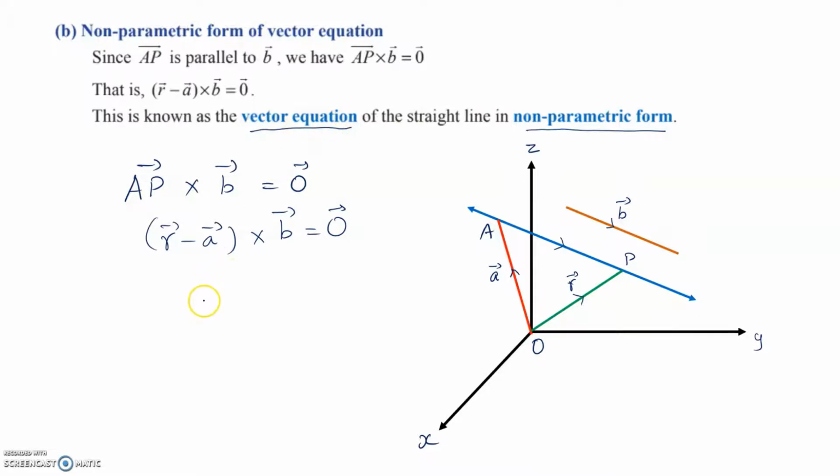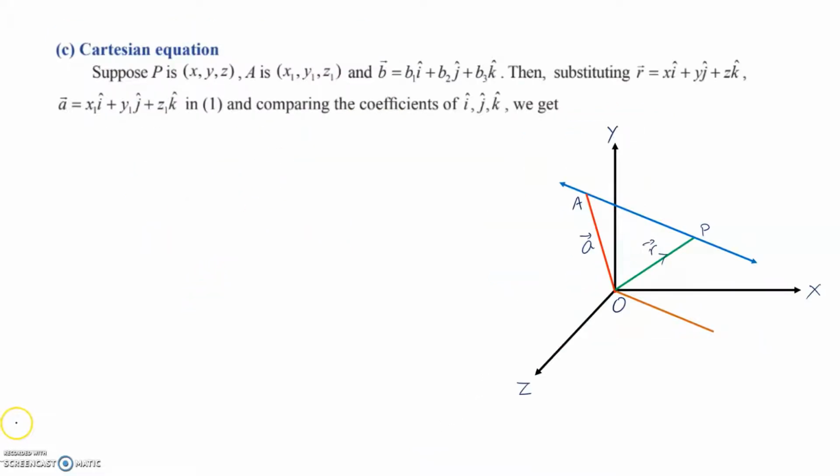Now let's look at the last one. The third form is called the Cartesian equation form.